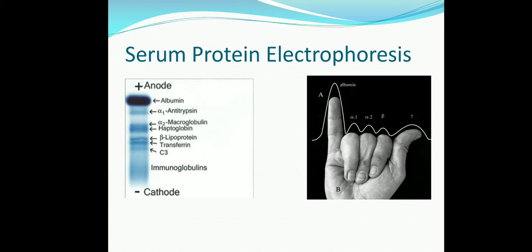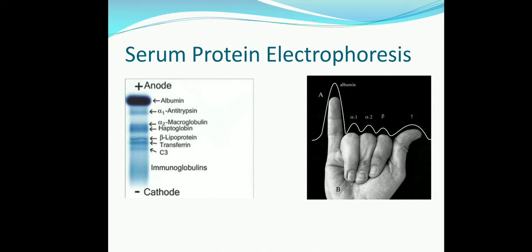Serum protein electrophoresis is the separation of the serum proteins under the influence of an electrical current, where negatively charged particles are attracted by the positive anode and positively charged particles are attracted by the negative cathode. This picture shows the sequence of separation of the components of serum.